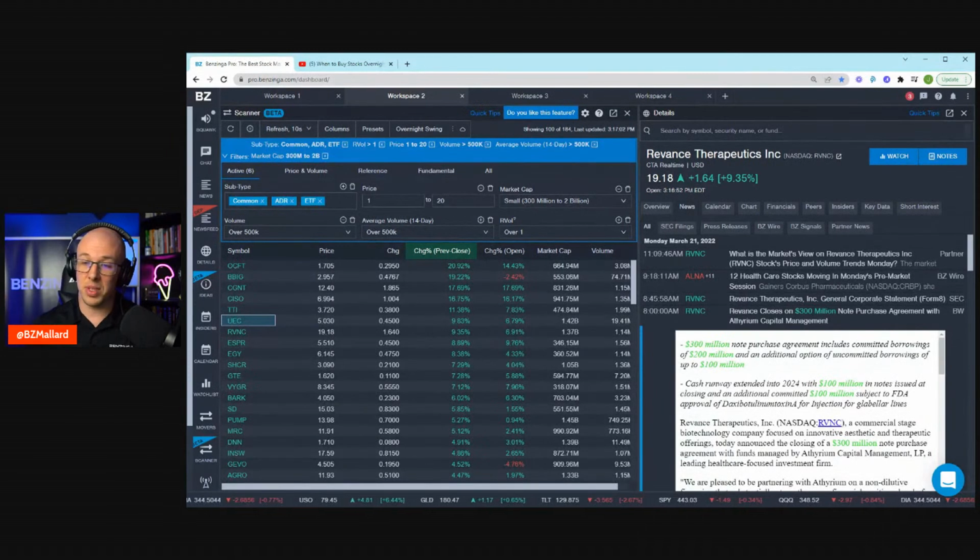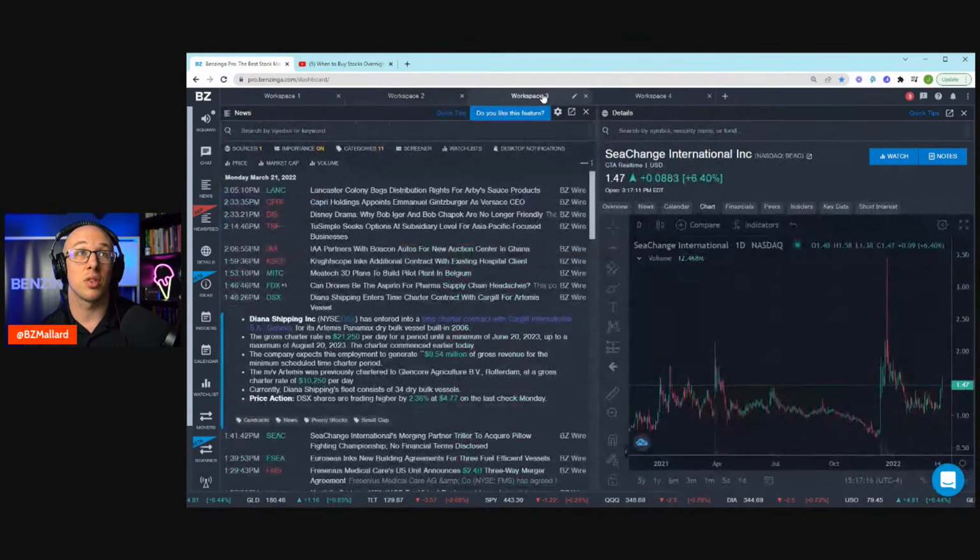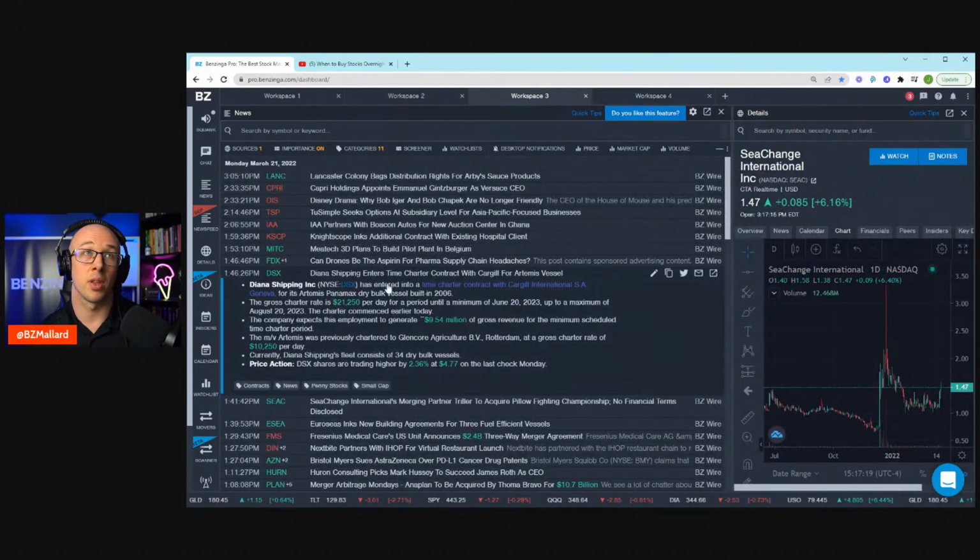The other way, the flip side of this, is you could go straight to the news source. So here we started with the scanner, seeing which stocks are moving. But if I switch over to the news source here, you see I have our news tool open.